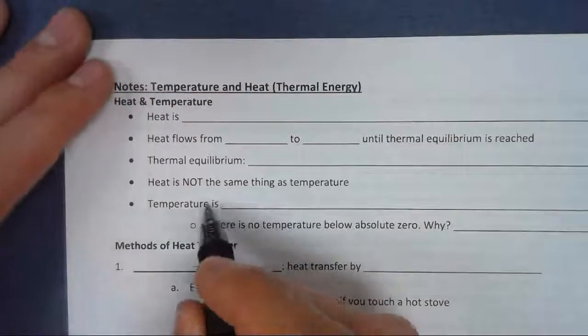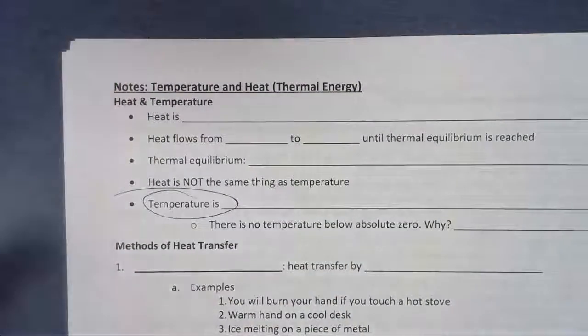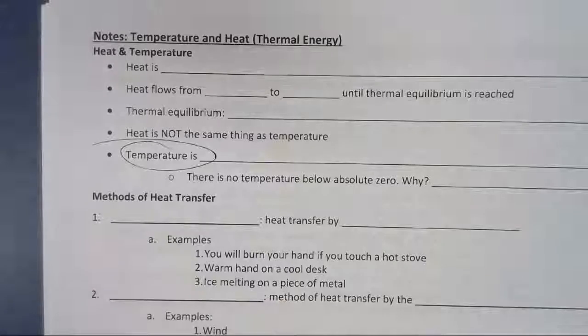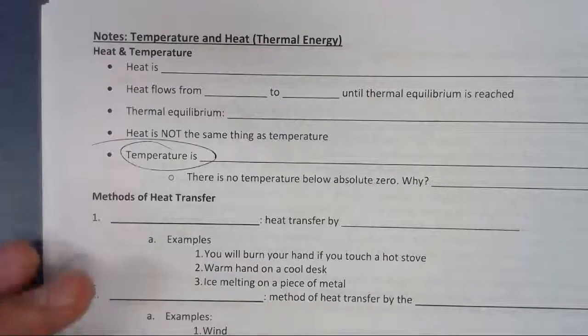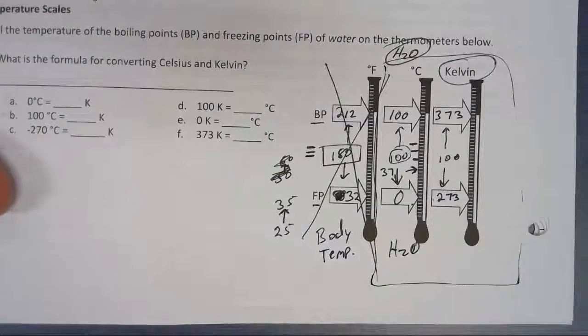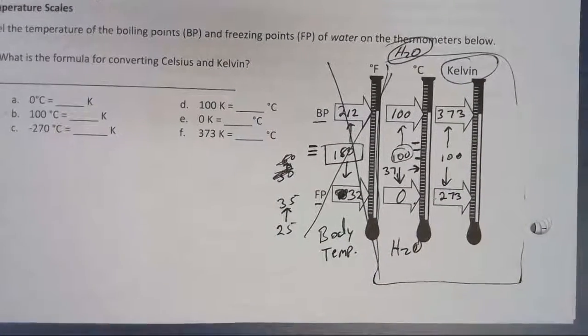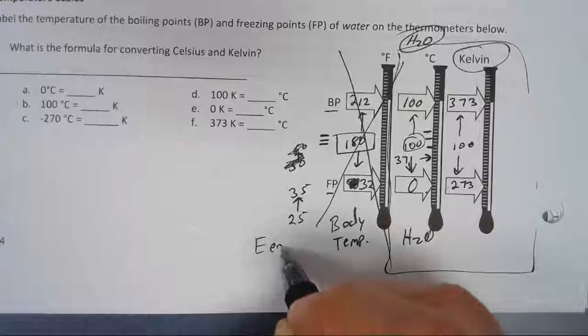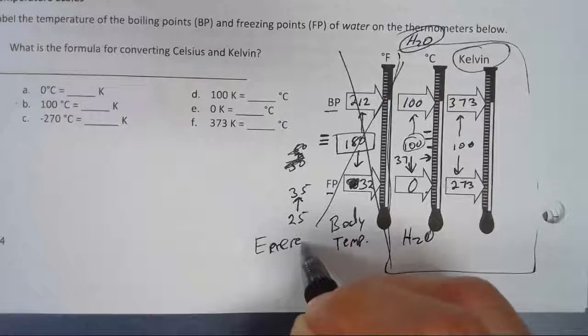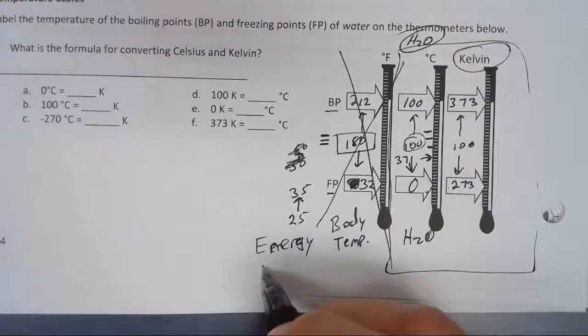Remember that when we came up here at the top of the notes, we said temperature is, and I didn't write it in mine, but hopefully it's written in yours, temperature is a measure of the average kinetic energy of the molecules, right? So if temperature is supposed to reflect kinetic energy, I told you, remember, that energy cannot be negative.